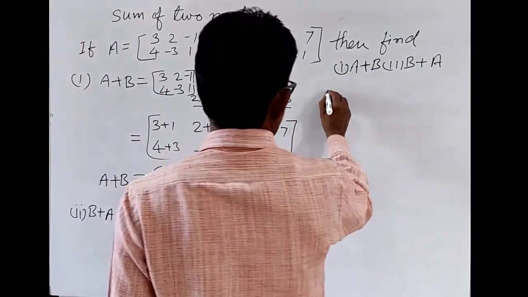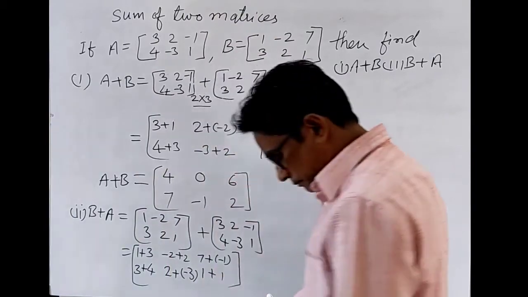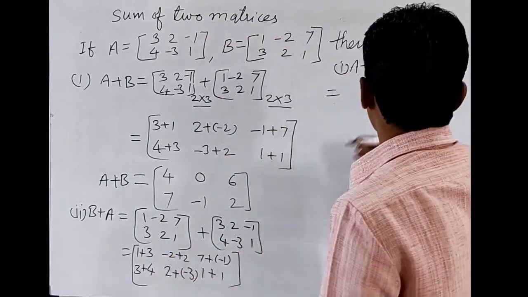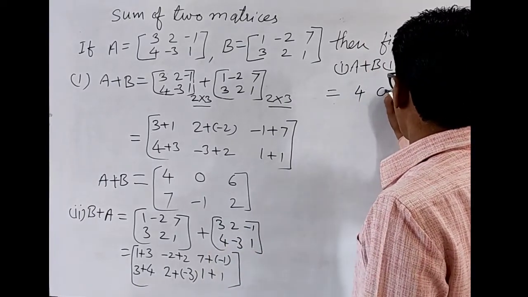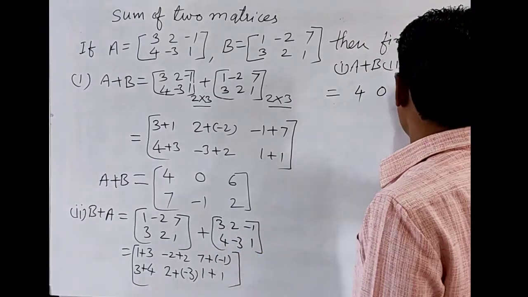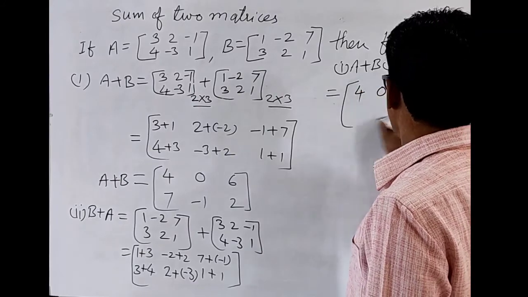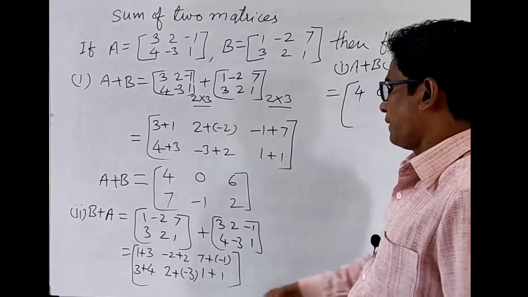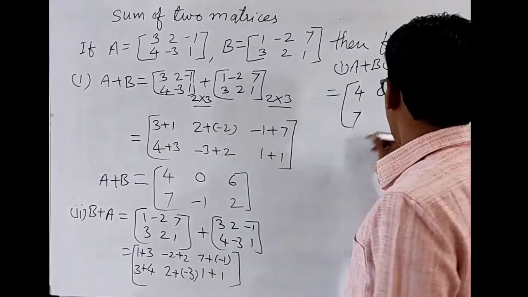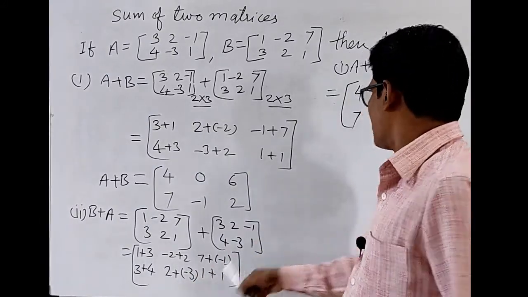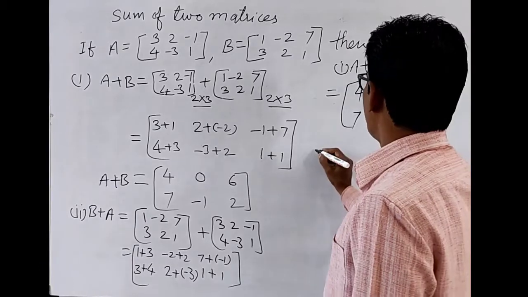So 1 plus 3 is 4, minus 2 plus 2 gets 0, and 7 minus 1 is 6. 3 plus 4 is 7, 2 plus minus 3 is minus 1, and 1 plus 1 is 2. So what is B plus A?